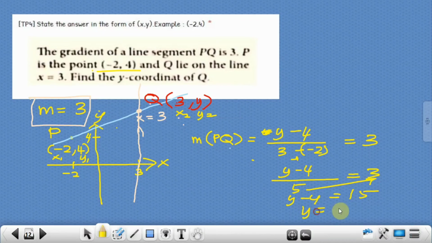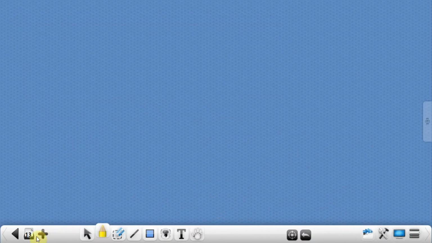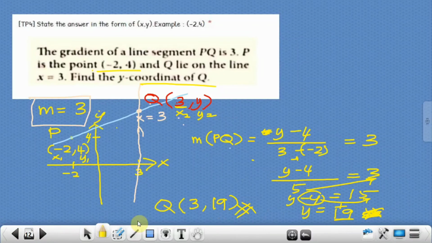So y is equal to 15, and the 4 goes to the other side and becomes plus, so 15 plus 4 is 19. So finally the coordinate of Q is (3, 19), because we have 3 for x, and y is 19. Okay, so that's all for today.